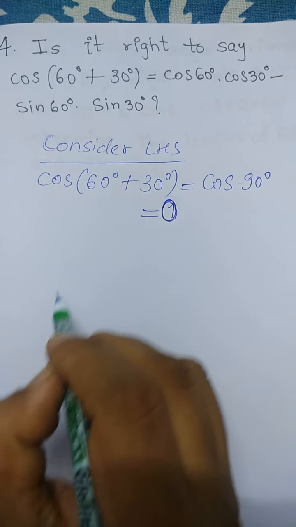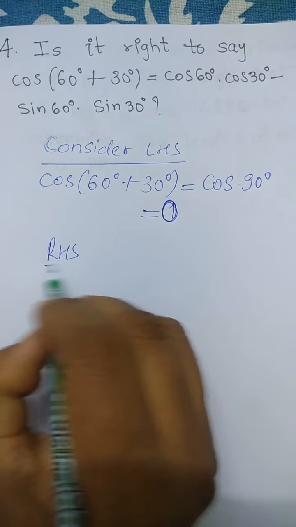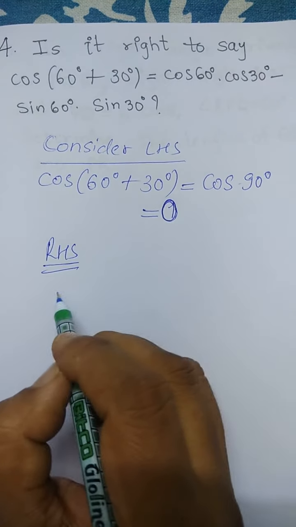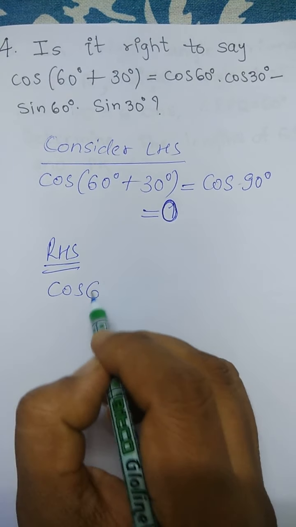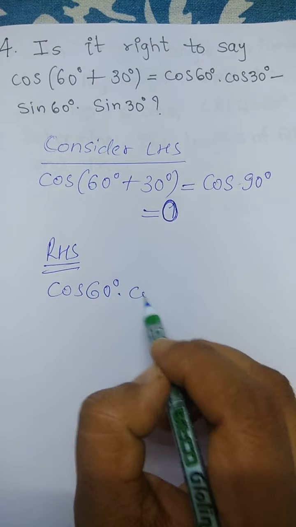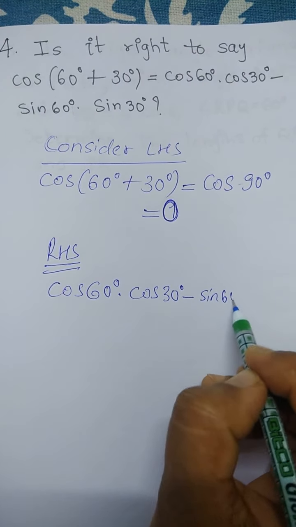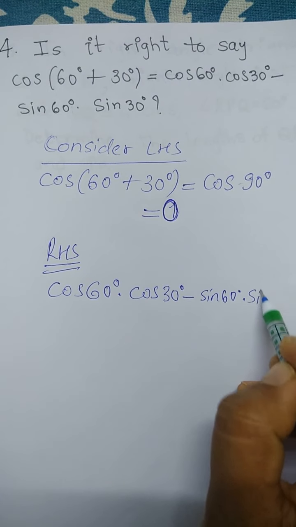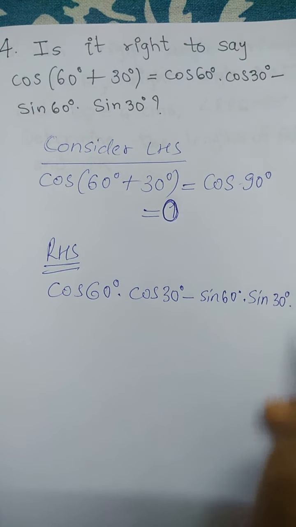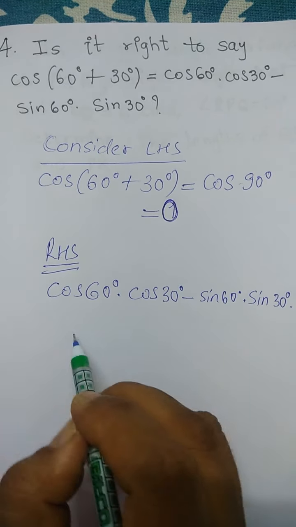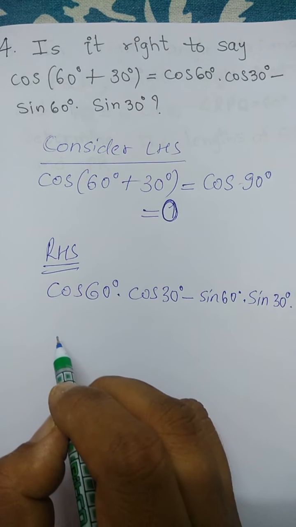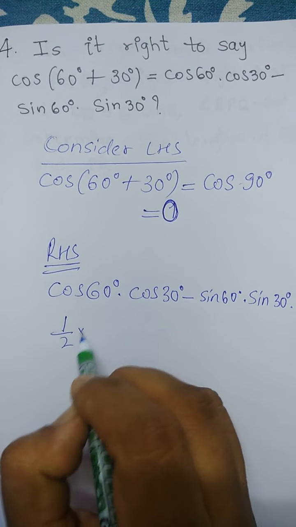Okay, now consider RHS. Cos 60 degree into cos 30 degree minus sin 60 degree into sin 30 degree. Cos 60 degree is 1 by 2.